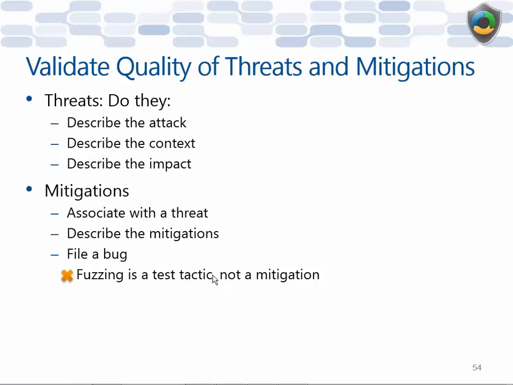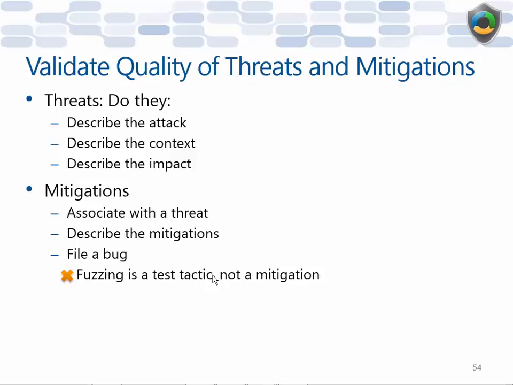Validate quality of threats and mitigations. Notice the threats, and notice the mitigations. Fuzzing, which we'll talk about in a later lecture, has basically positive and negative types. With positive fuzzing, you're putting in valid inputs to make sure the system works the way it should.